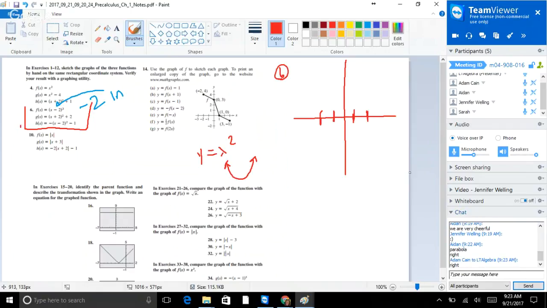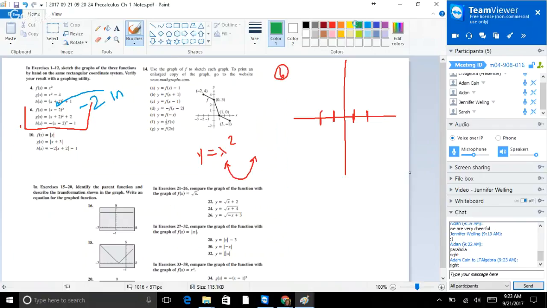This is my beautiful graph here. All right, I have a couple of people saying 2 units to the right. So because it is negative and it's inside the function, you guys are all correct. And I saw, Jennifer, I saw your little cursor on there too.